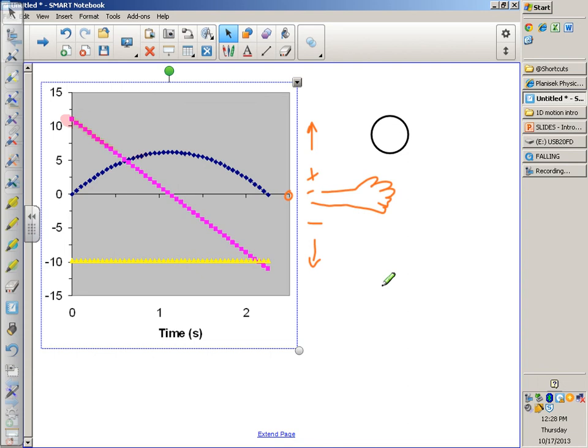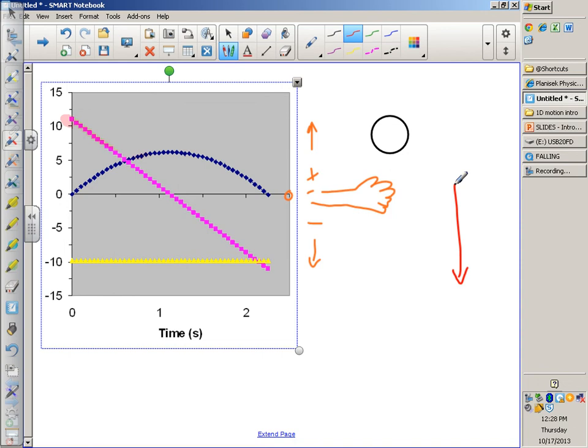So, what's causing all of these changes to this object? Gravity. And which way does gravity pull on things? Downward. So this arrow is representing the pull of gravity, which is in our negative direction. Does it matter whether the ball is going up or down?